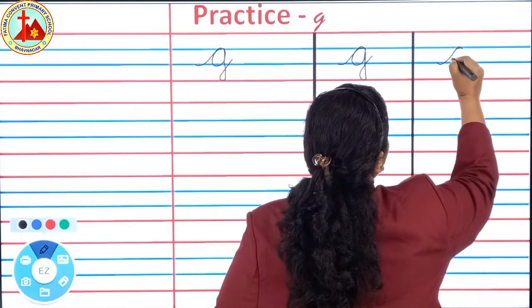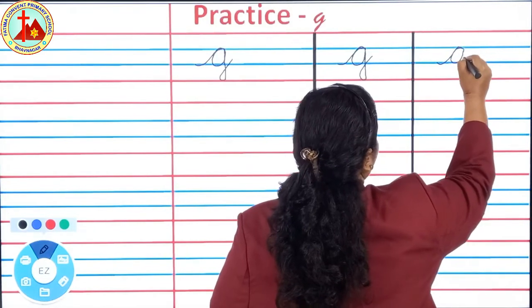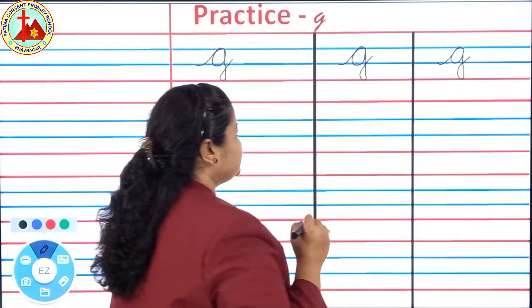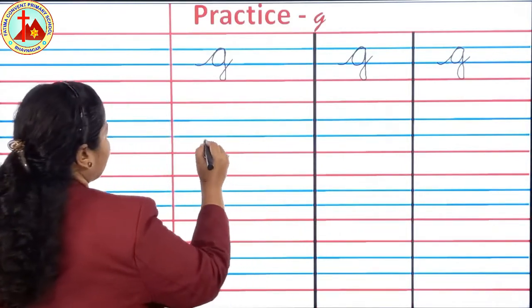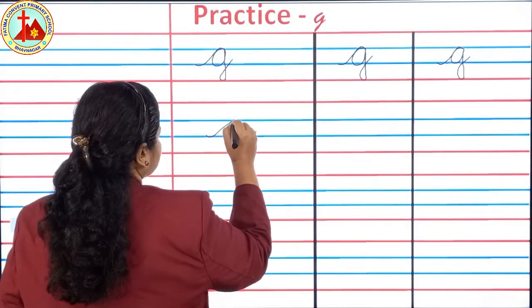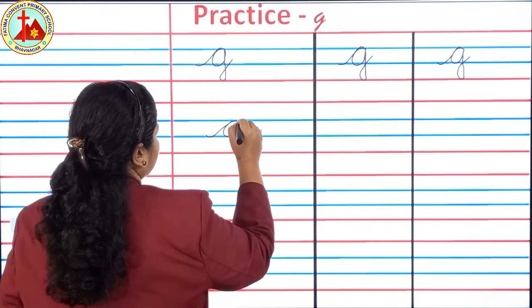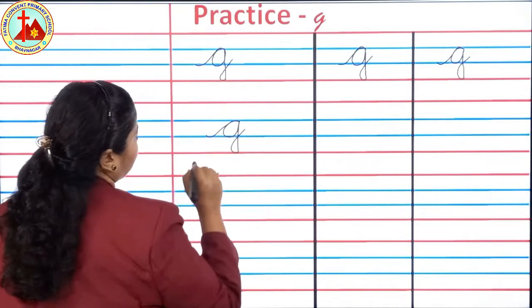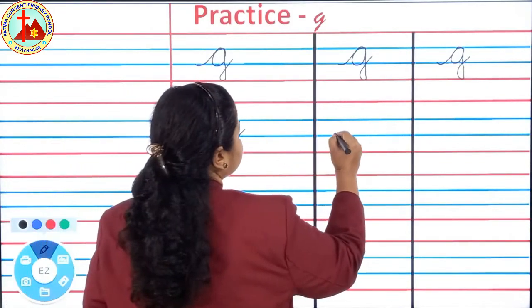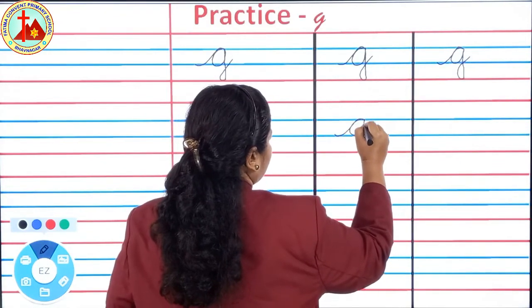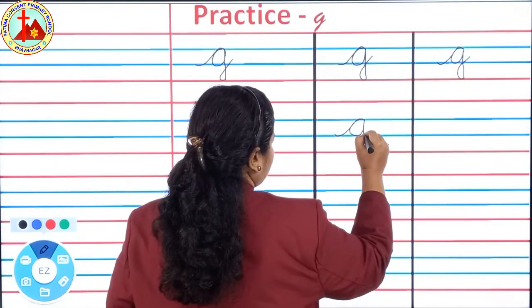C, circle, make a 9, small loop, g, cursive writing g. Continuously you have to say c, circle, 9, small loop, go on top, g, cursive writing g.